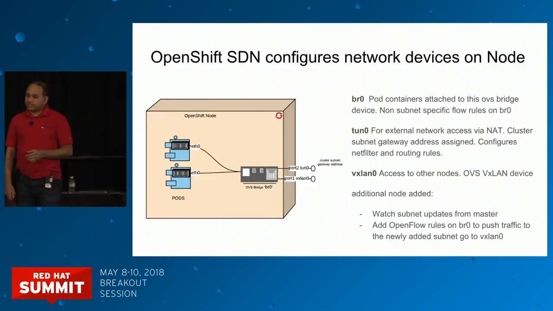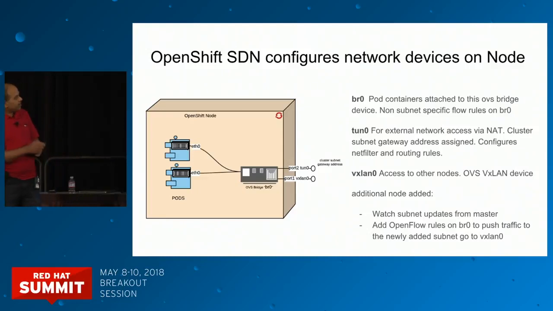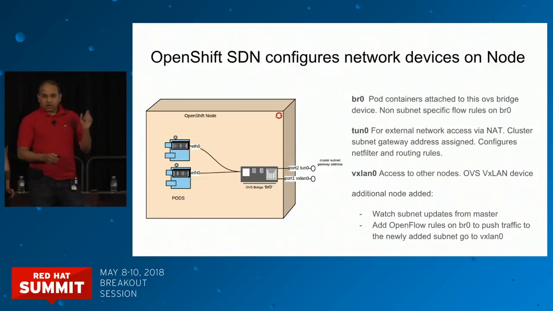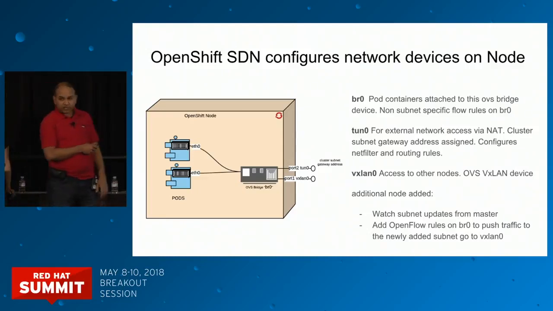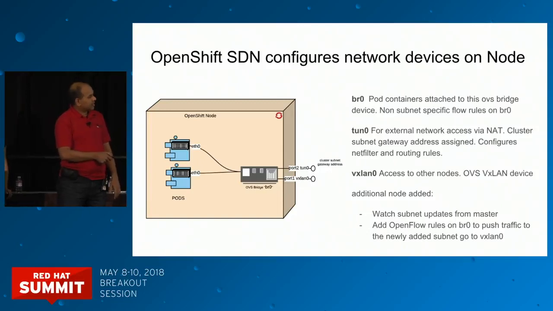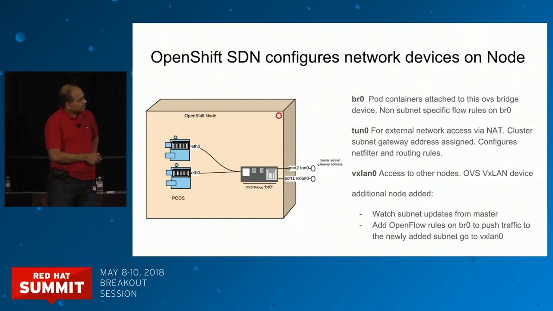Now what happens on the node itself? When you add a new node, OpenShift's SDN sets up a bridge network. So this bridge network has 3 different parts to it. The BR0 of this bridge network, the OVS bridge, gets configured to talk to any pod on their ETH0 interface.